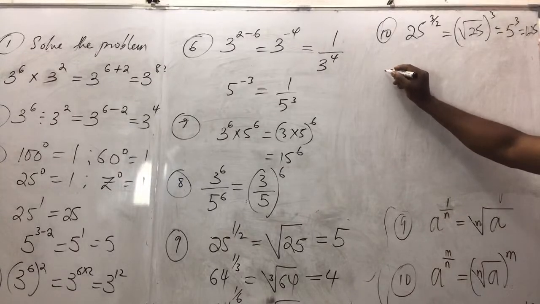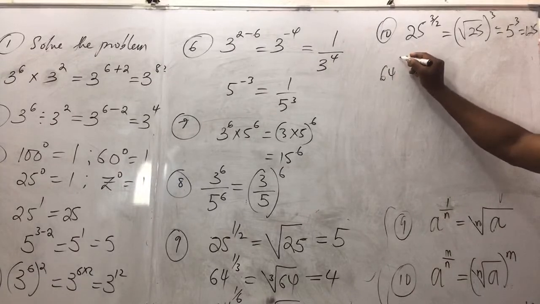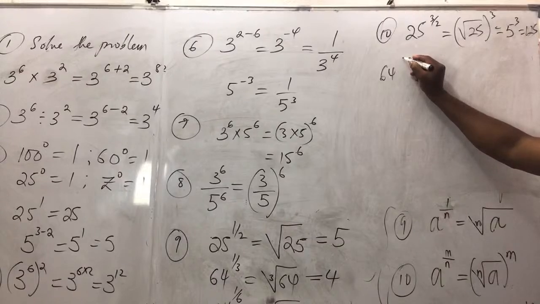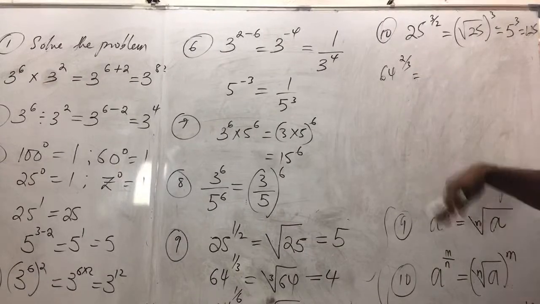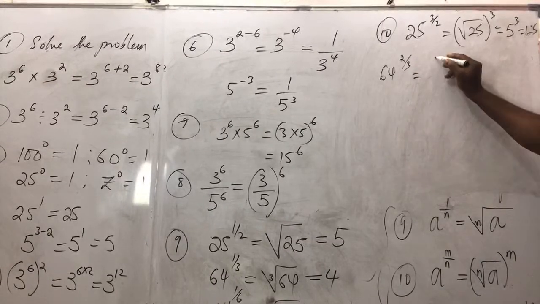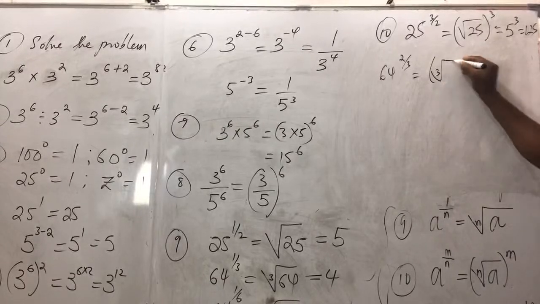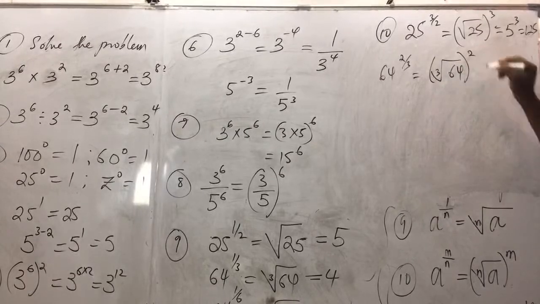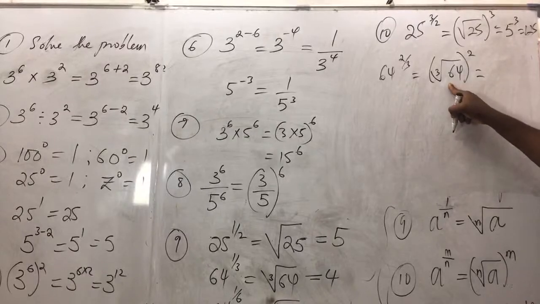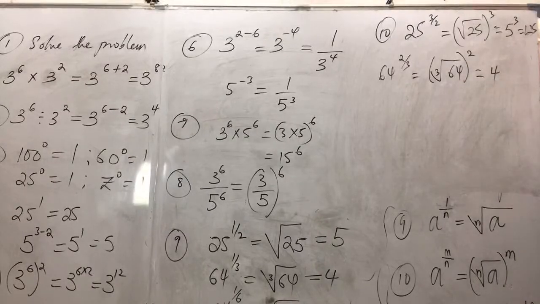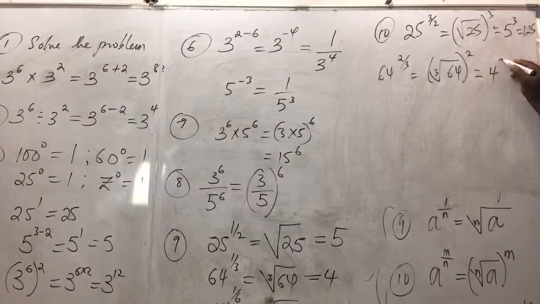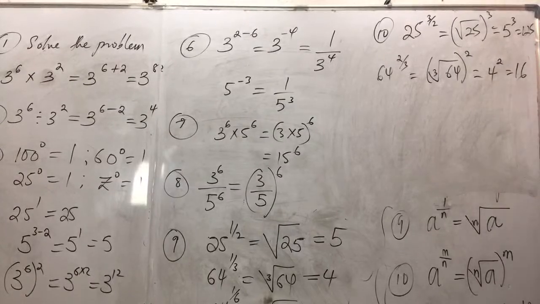Sorry for that mistake. So, let's go to 64 raised to power, let's say, in this case, 2 over 3. 64 raised to power 2 over 3 will give you the cube root of 64 all raised to power 2. And what is the cube root of 64? We got the cube root of 64 as 4. So this will give you 4 raised to power 2, and 4 raised to power 2 is 16.